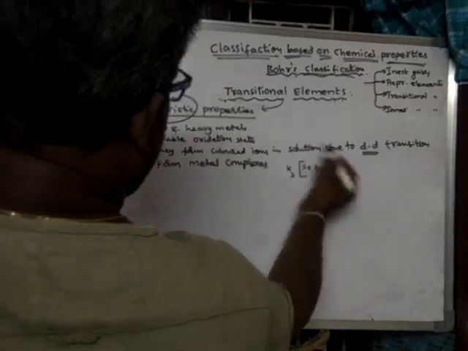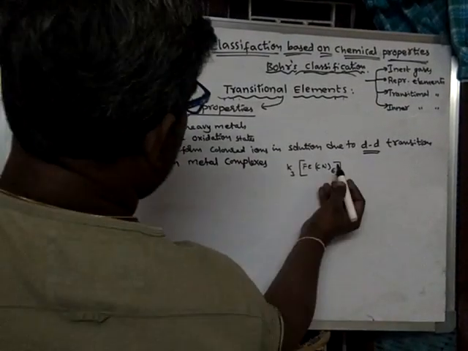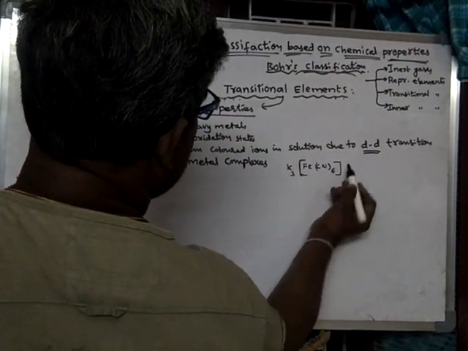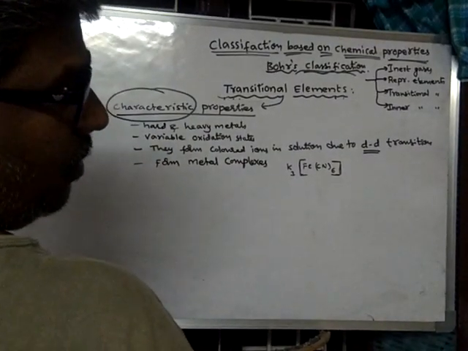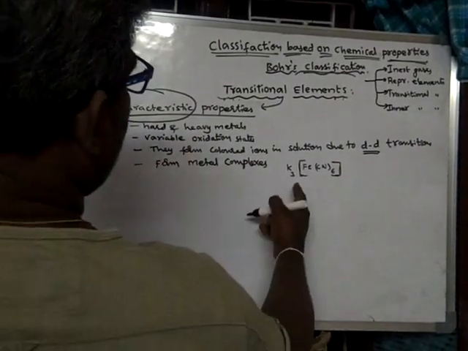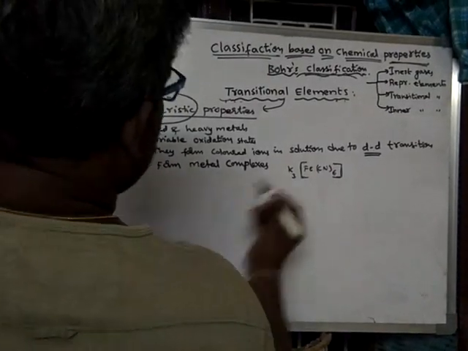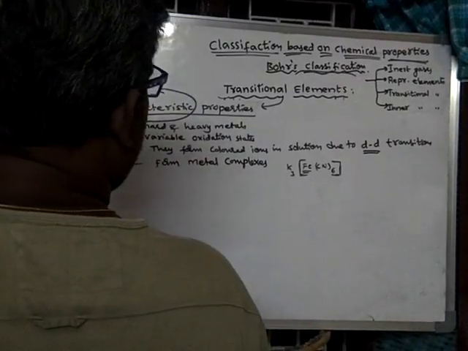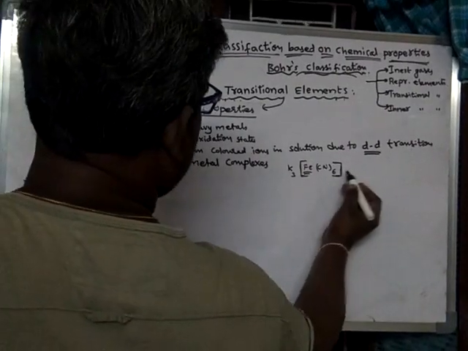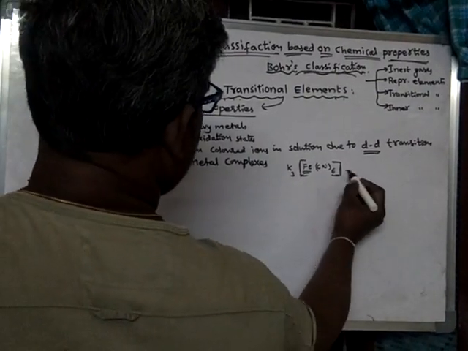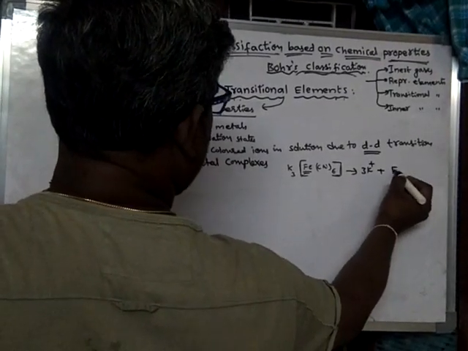Actually this is a complex compound, not a simple compound, because this type of square brackets is generally denoted for complex compounds only. Here the metal iron is forming a complex. If this substance is dissolved in water, it breaks into ions: 3 potassium ions, and this is called the complex ion.